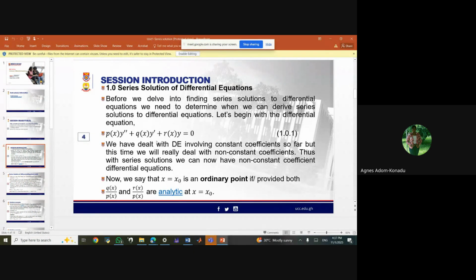If we have that point, we want to find out if it is an ordinary point. If it is ordinary, then Q over P and R over P are supposed to be analytic. We will look at what we mean by analytic.